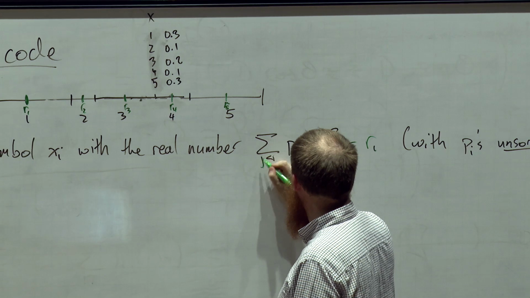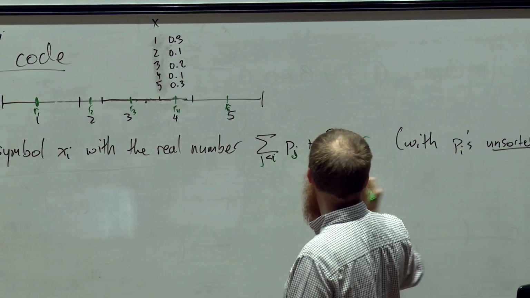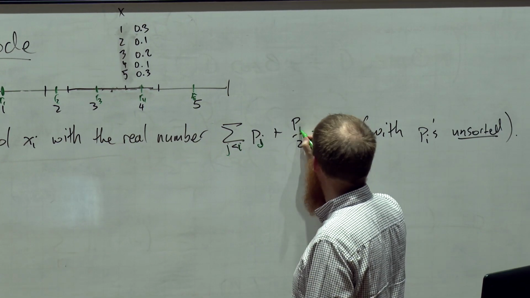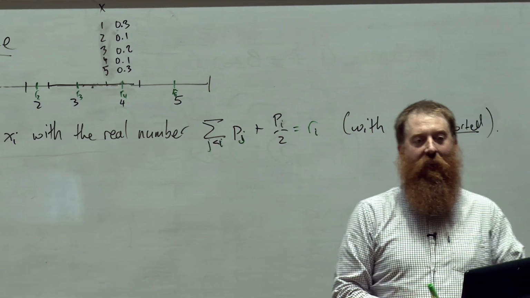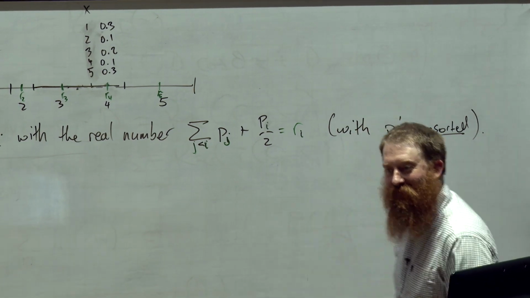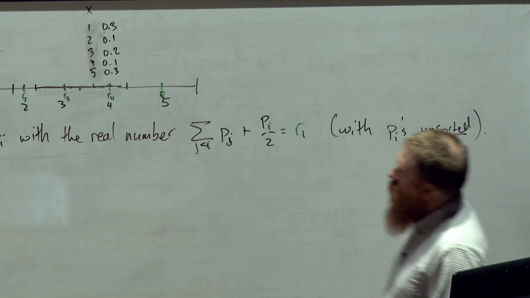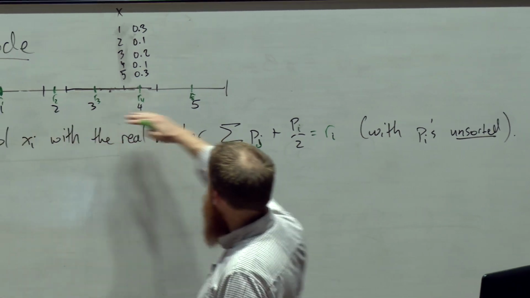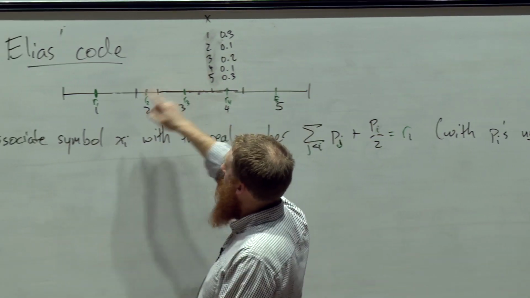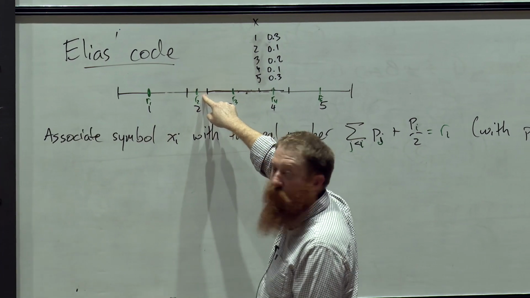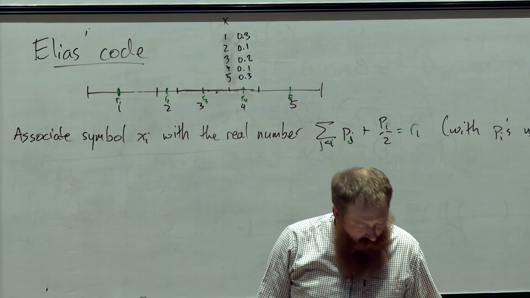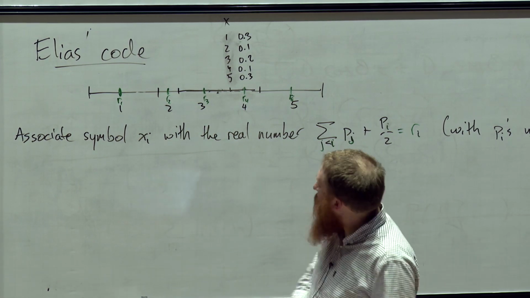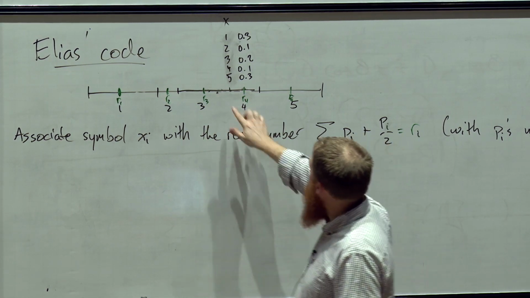Sorry, this should be j less than i, and let's call that j, let's call that i, and we'll call this R_i. There's better notation. So what I've done, I've just taken my probabilities, taken the real line, and I've associated each symbol with the midpoint of this interval.